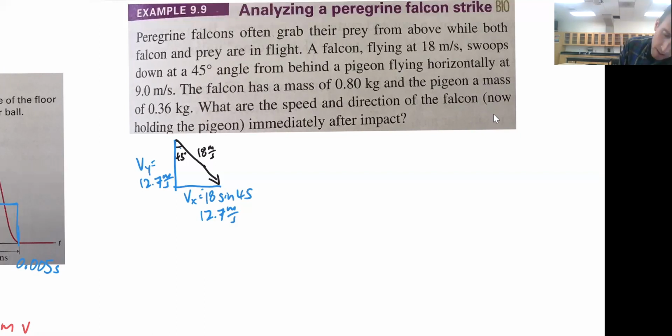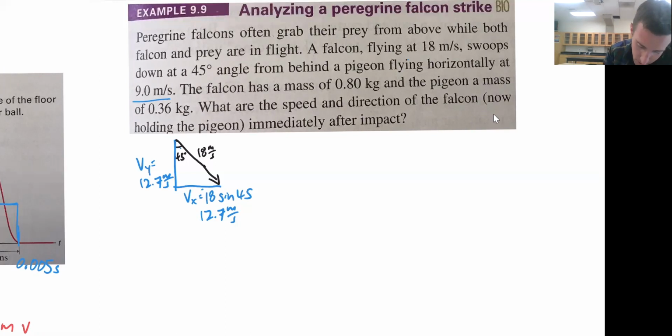So now a peregrine falcon flying at 18 swoops down behind a pigeon flying horizontally at 9 meters per second. So let's do the horizontal part first. It's coming from behind, so the pigeon is going forwards and the falcon is going forwards, so we can add those two together.